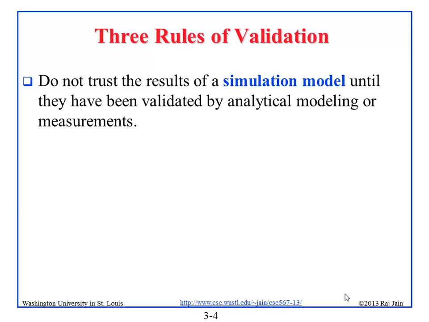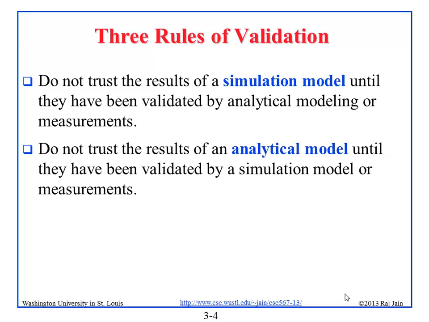So you need to have at least one point, not the whole thing, at least one point where you can say, well, I did measure this point, I did not measure that point, but I measured this point, and this is correct. So we are not totally far off. Or I did analytical modeling, a back of the envelope calculation for this case, and for this case simulation gives me the same result. All right, so you need the validation of the simulation.